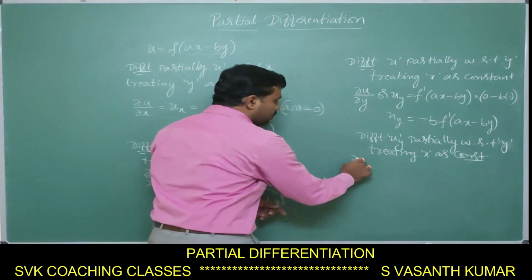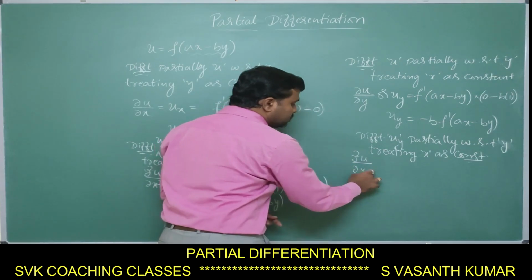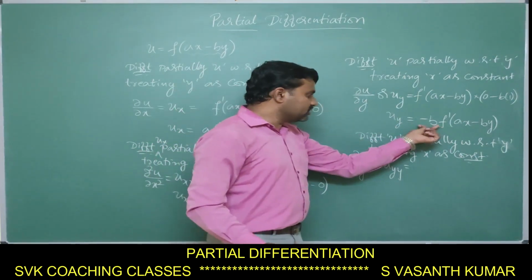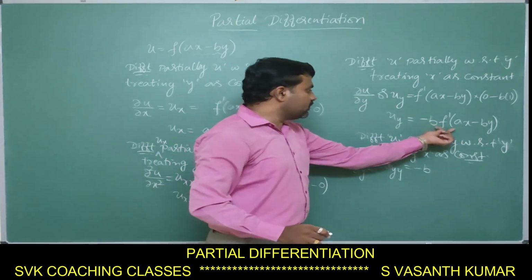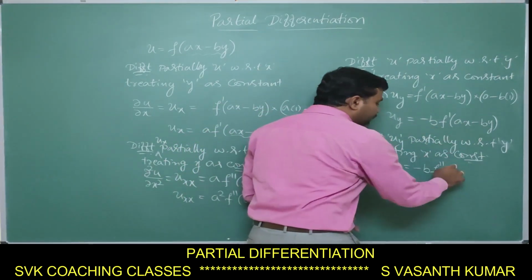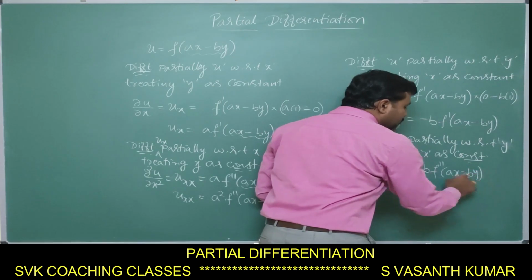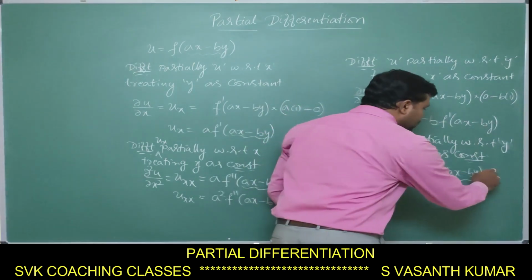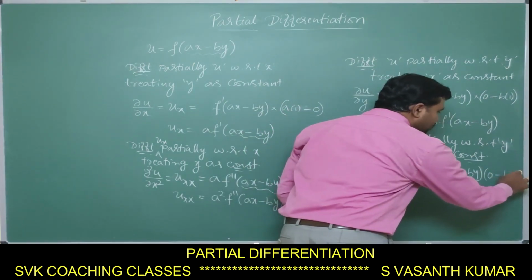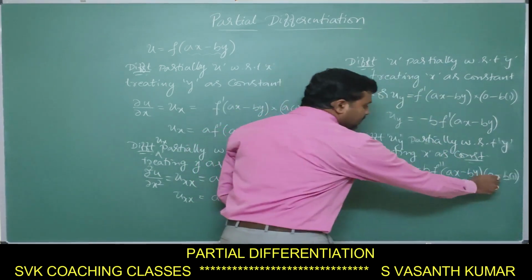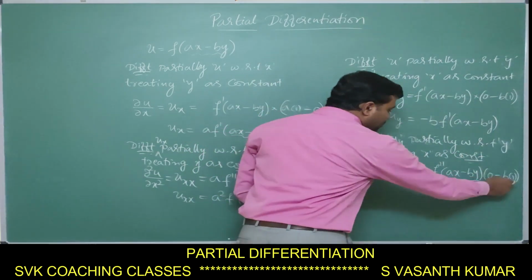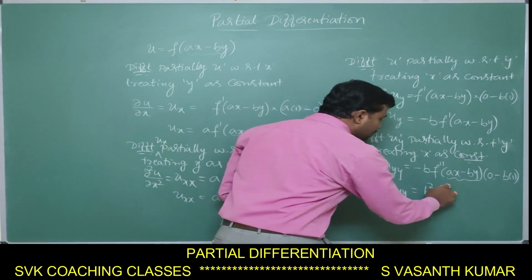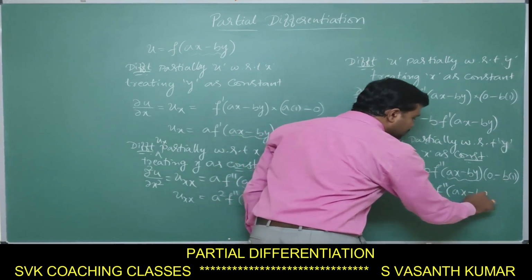According to the definition, it is denoted by del square u by del y square, or also denoted as uyy, which is equal to: here minus b is constant, minus b into the derivative of f dash, which is f double dash of ax minus by, into the derivative of ax minus by with respect to y, treating x as constant. That is 0 minus b into 1, which is nothing but minus b. Minus b into minus b is b square. So therefore uyy is b square into f double dash of ax minus by.